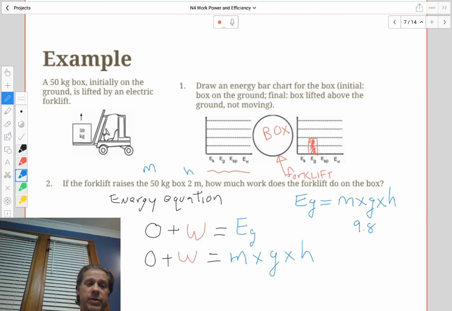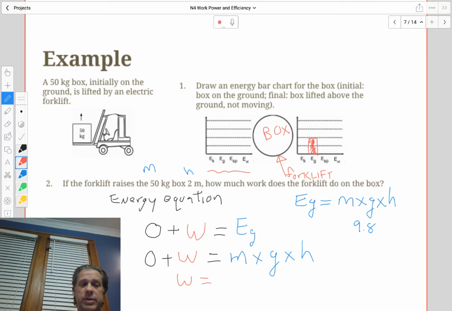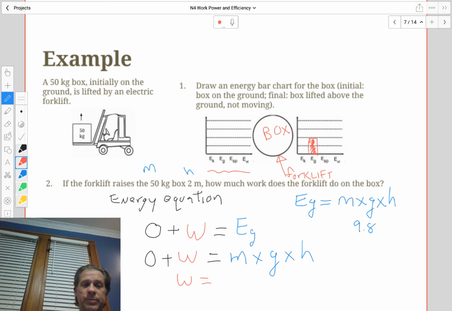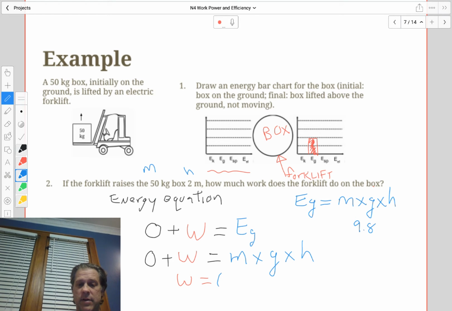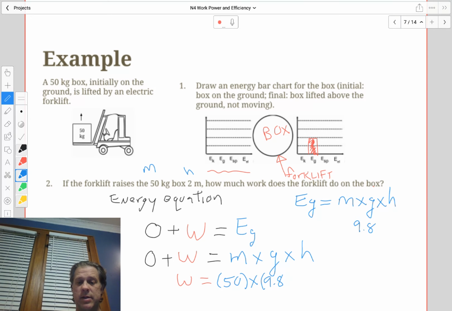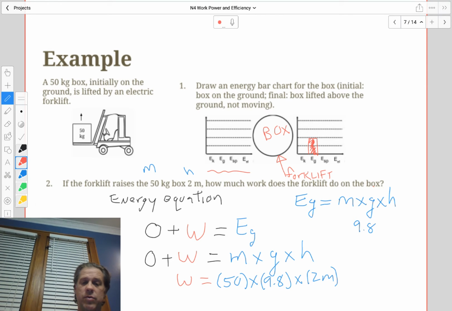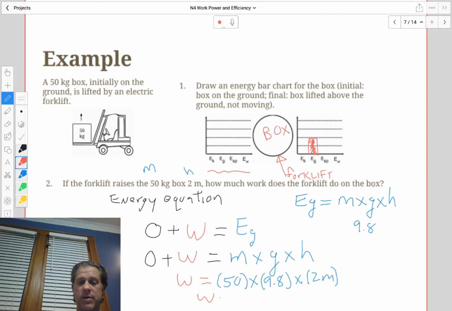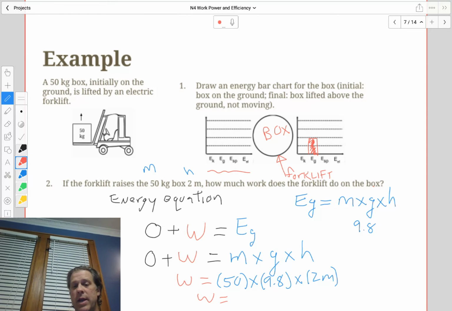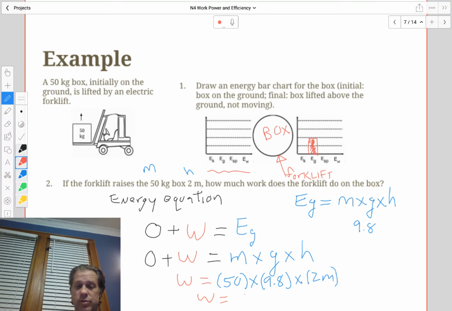So in order to solve this problem, I'm going to take W, which equals the mass, so that's 50 kilograms, times gravity, which is 9.8, times height, which is 2 meters. And so now, when I plug that into my calculator, 50 times 9.8 times 2, I get a value of 980 joules.